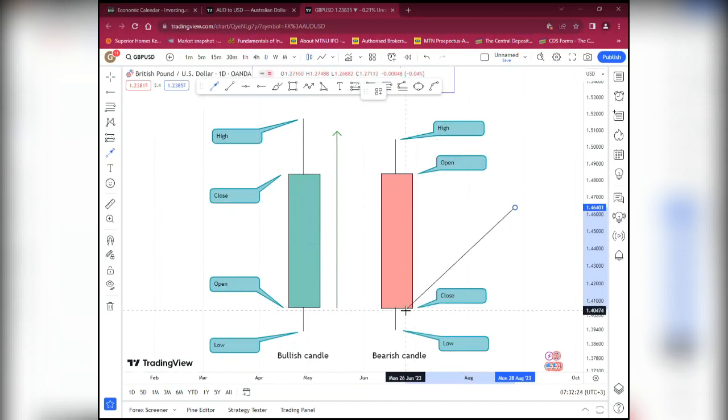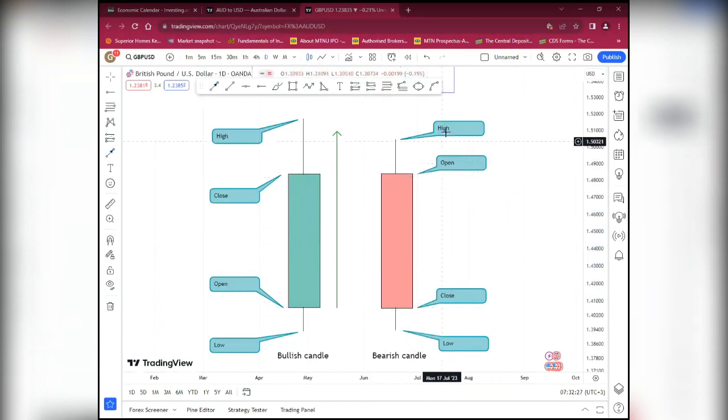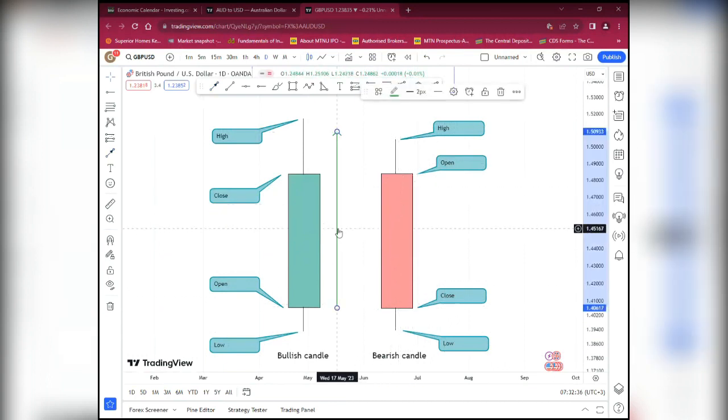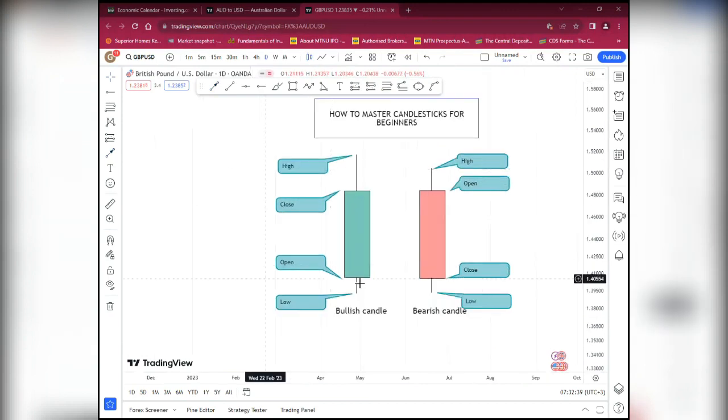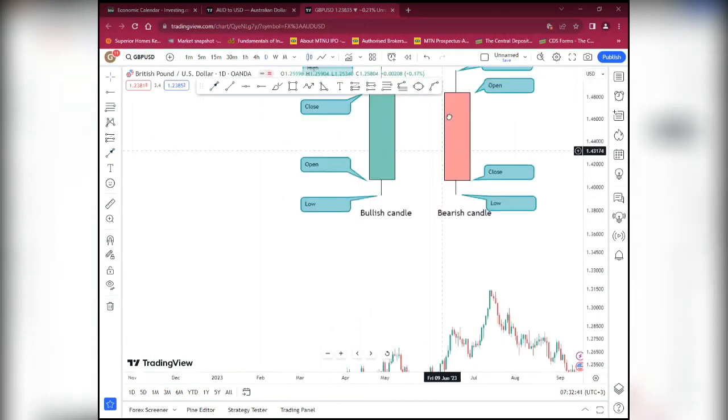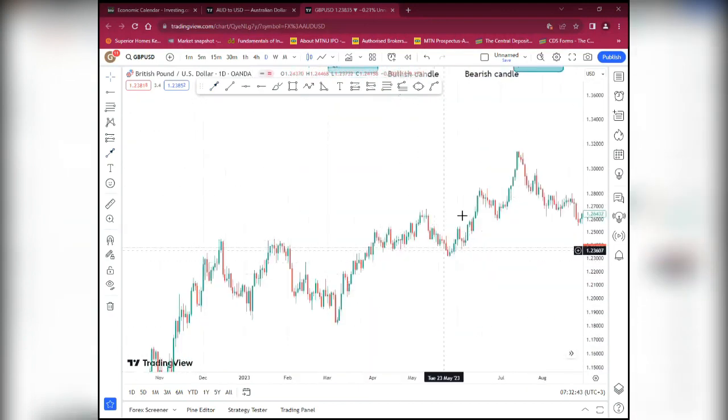So already I have my labels. This is the opening prices, the highest place, the lowest place down here, and then the closing prices of this candle. You guys should take this information, jump into your charts, and try to understand how price was moving.